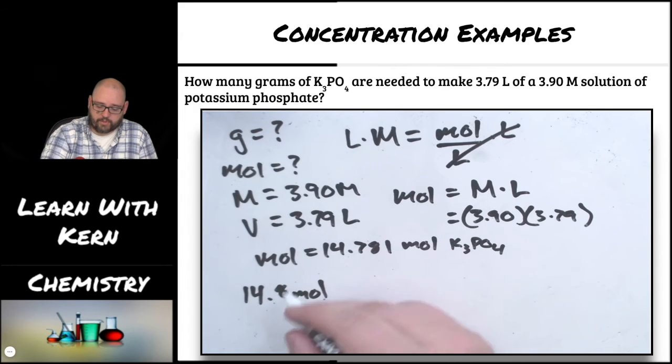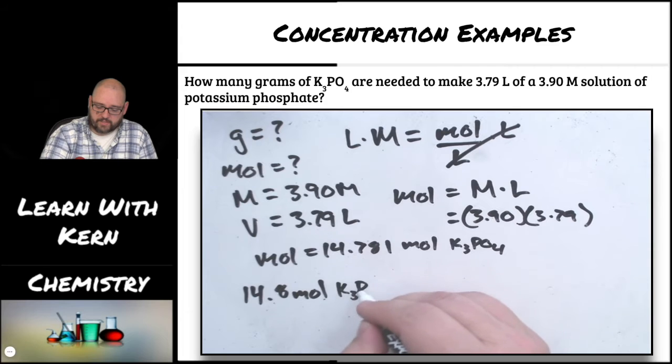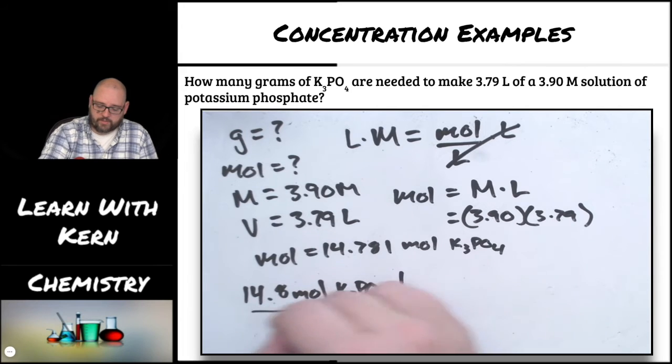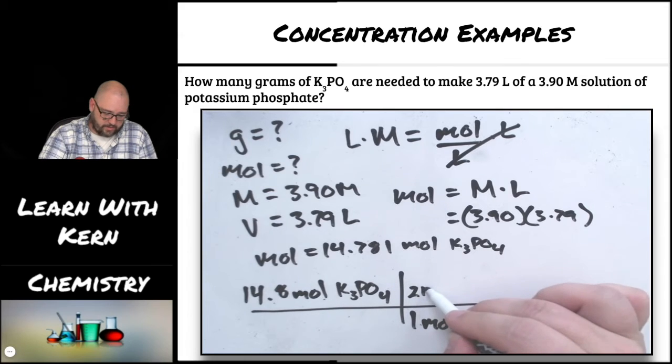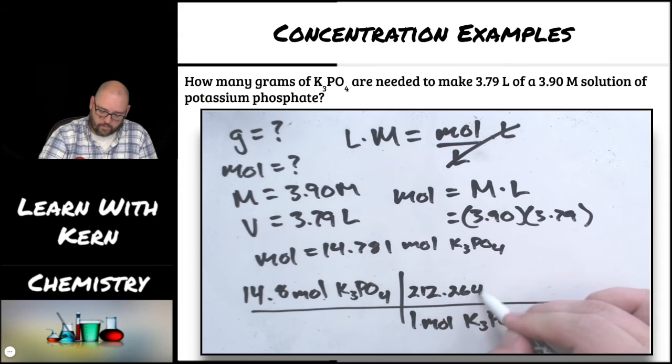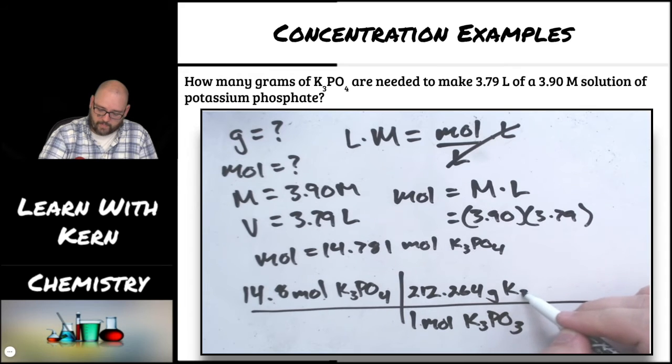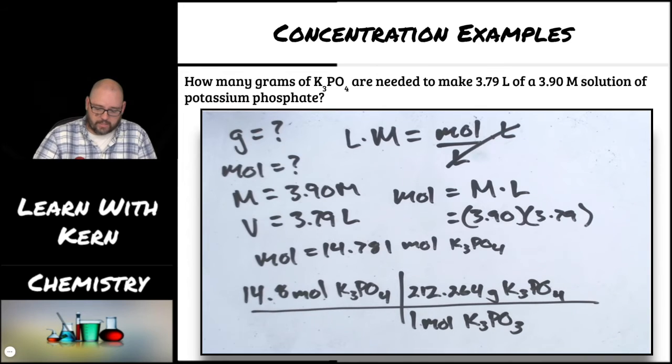So if I have 14.8 moles of potassium phosphate, I am then going to have 1 mole of potassium phosphate is equal to 212.264 grams of potassium phosphate. And then my moles will cancel. I'm left with grams.